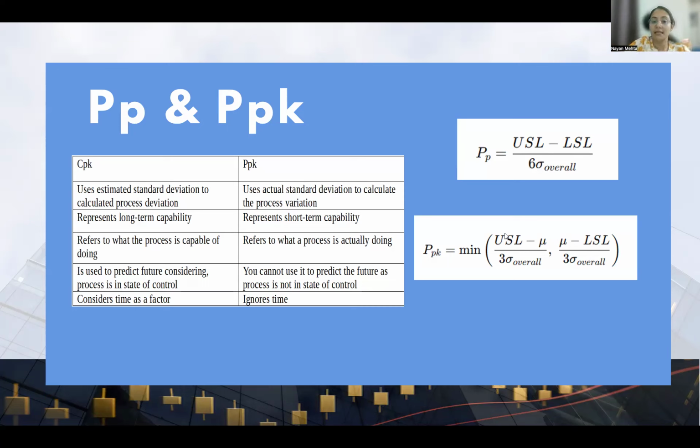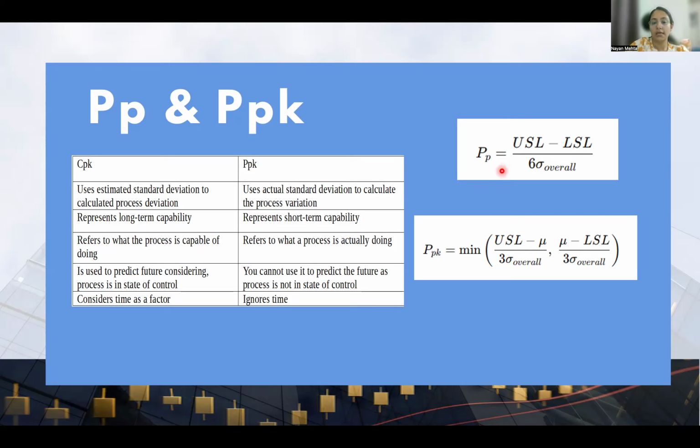Now, PP stands for Process Performance Index. It looks at the overall variation in the data and not just the short-term subgroup variation.